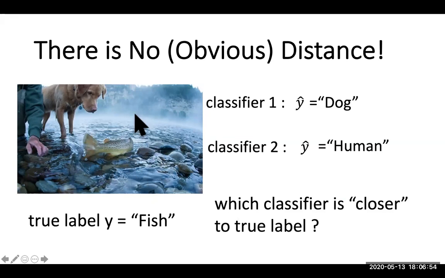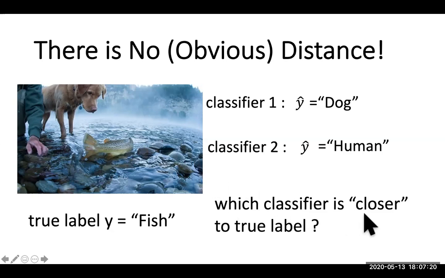You have an image for which somebody decided the true label is fish, because the fish is the center of the scene that we see in the image. But one classifier reads in the image and makes the prediction dog. So the first classifier comes to the conclusion that a dog is on the picture. Another classifier comes to the conclusion that a human is on the picture.